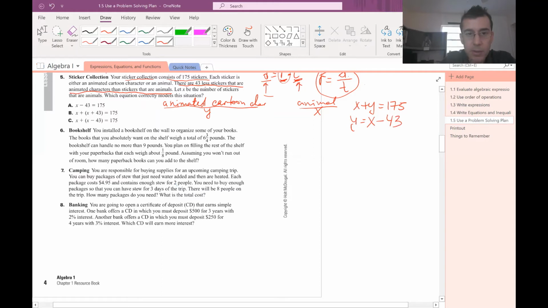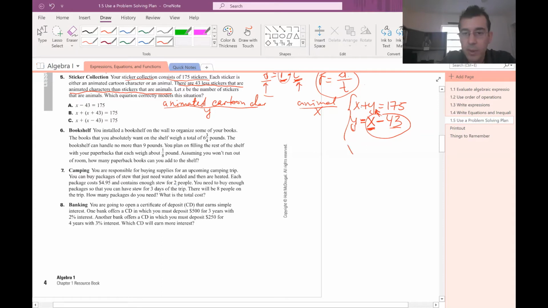Okay, because it says there are 43 less stickers, animated characters than animals. Okay, and that's what we get, a system of two equations with two unknowns. Y is given to us here, so we substitute Y into the first equation to get one equation with one unknown, and that's easy to solve, right?